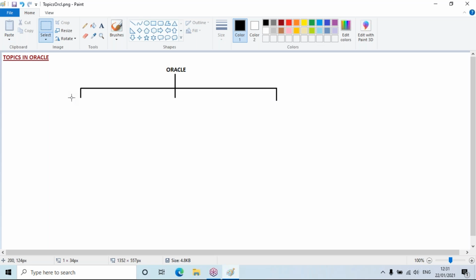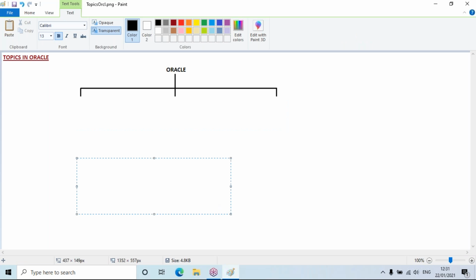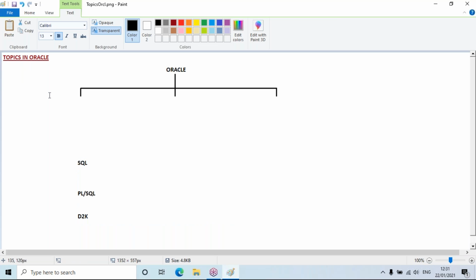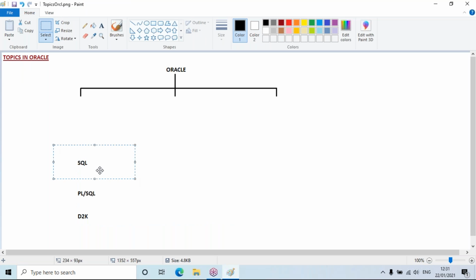Three topics. First, let me list out the names of those topics. One is called SQL. Second is called PL/SQL. Third is called D2K. Three. SQL.